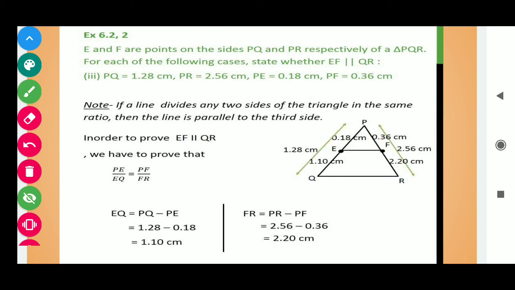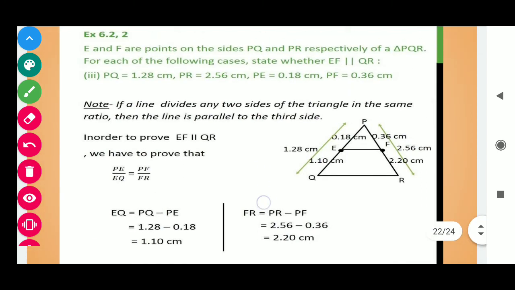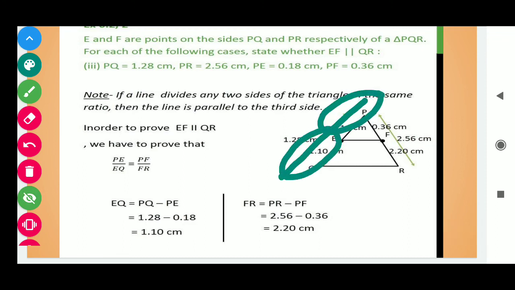So, in order to prove EF is parallel to QR, we have to prove this result: PE over EQ is equal to PF over FR. So here students, you can see they have given us the complete PQ, not PE and EQ separately. So first we need to calculate these values.